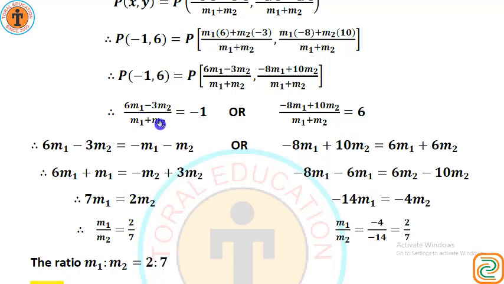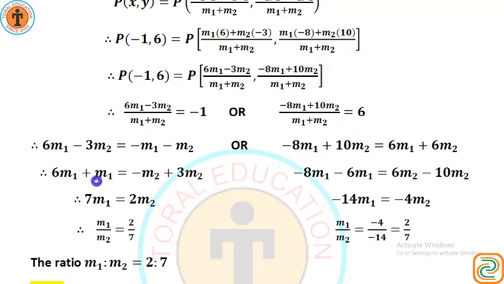Now we have taken m1 plus m2 here, so it will be multiplied with minus 1. Minus m1 minus m2, right? If we take m1 here, it will be plus. So 6m1 plus m1. And if we take minus 3m2 here, it will be positive. So minus m2 plus 3m2. So 3m2 minus m2, that is 2m2.